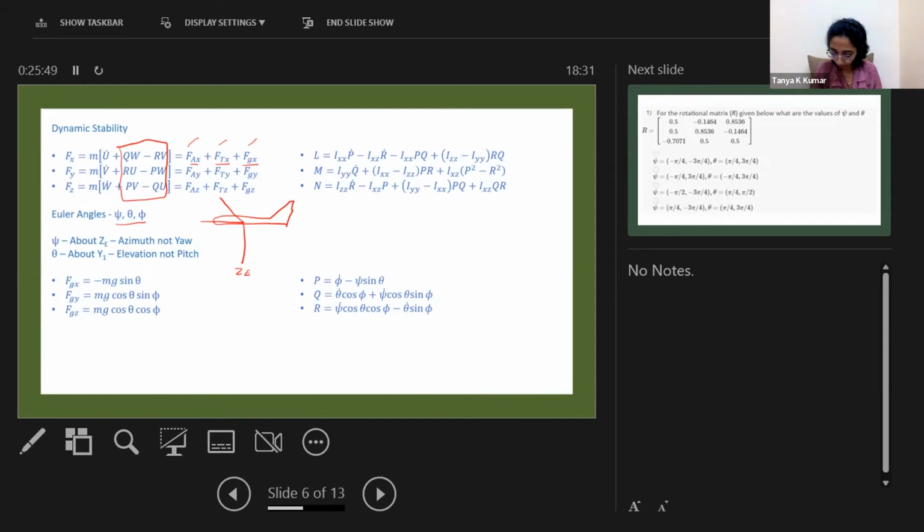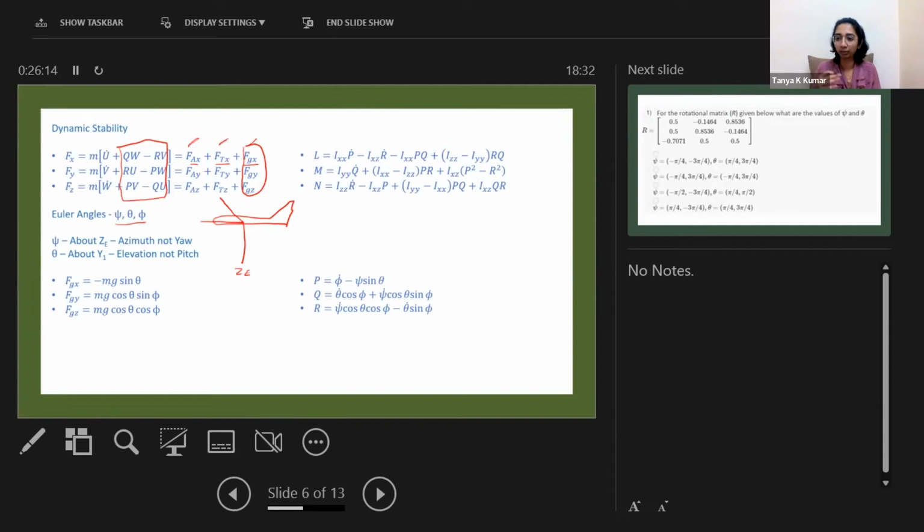Now, where do these components come into play? They come into play in your gravitational force components. When you orient your aircraft with respect to the inertial frame, the only place where it comes into play in the force equation is the gravitational forces part. The other forces, aerodynamic and thrust, that is the propulsive forces, are measured in the body frame.